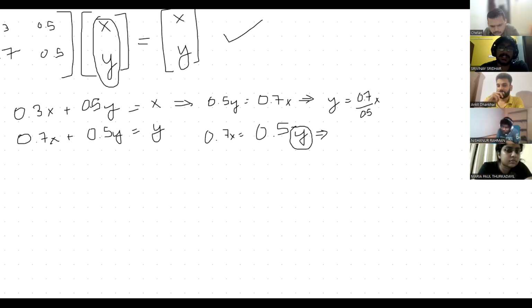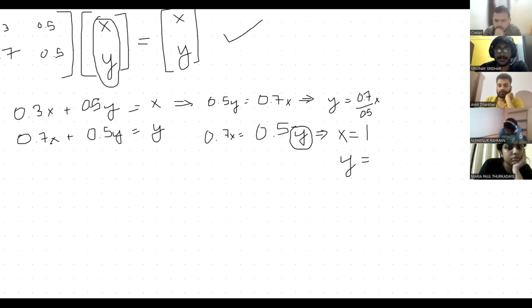If x is equal to 1, y is equal to 0.7 by 0.5. Sorry, I couldn't hear you. Are we looking at the constant E? The value of E is 2.71.